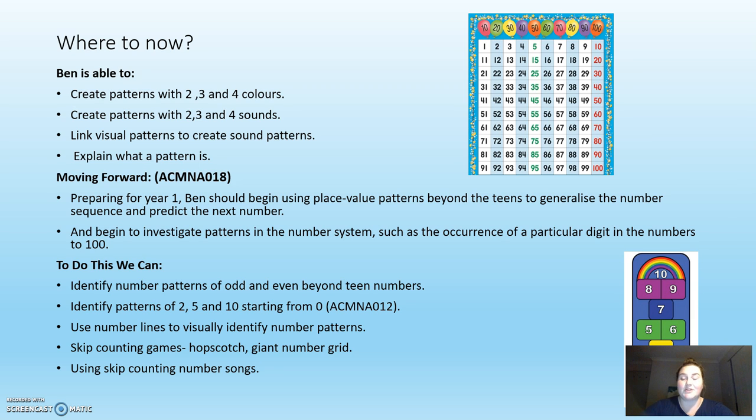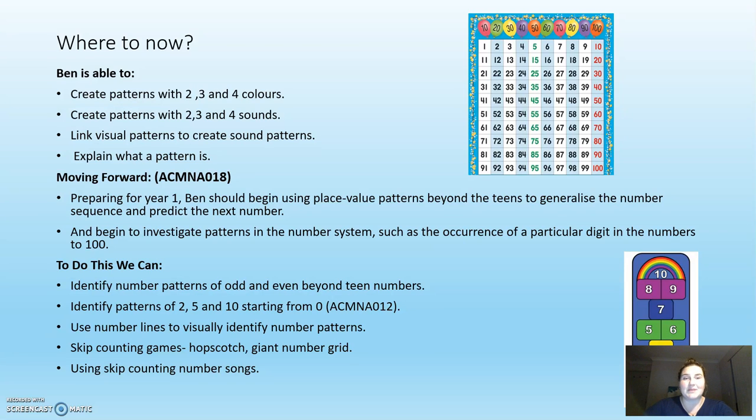So to do this, I would use things like number lines as visual aids, but I would also include number hopscotch, or I would create a giant number grid on the floor and ask Ben to skip count by odd numbers or skip count by even numbers or by fives or by tens.